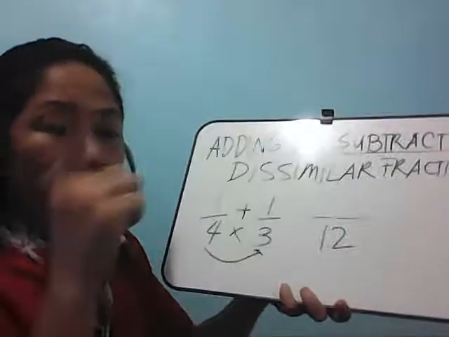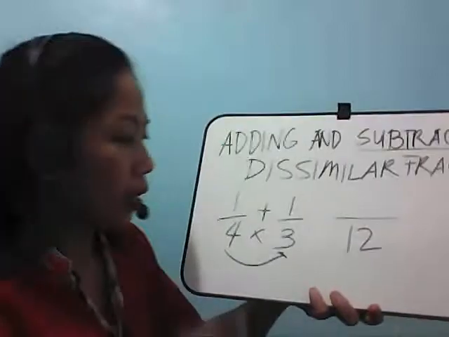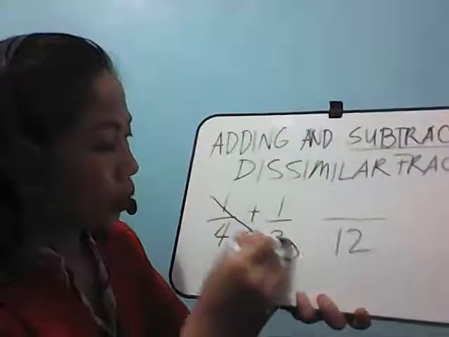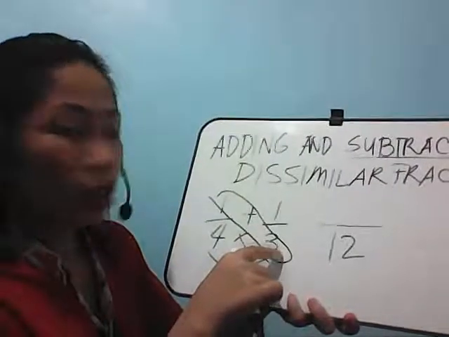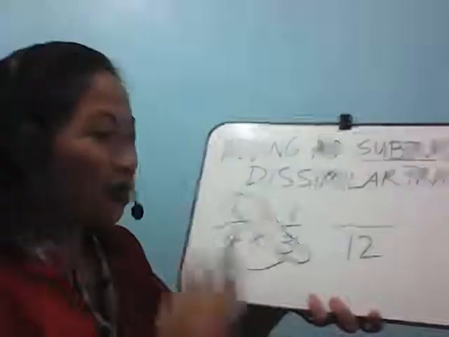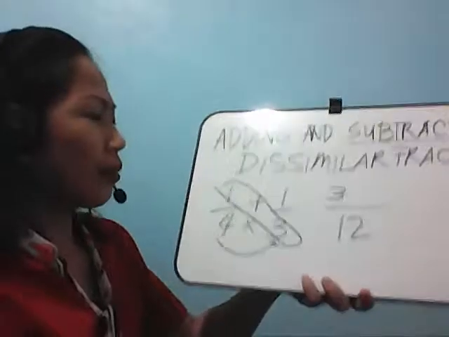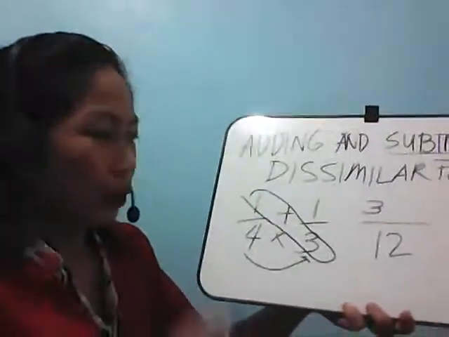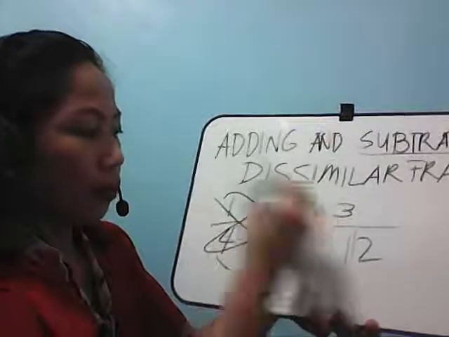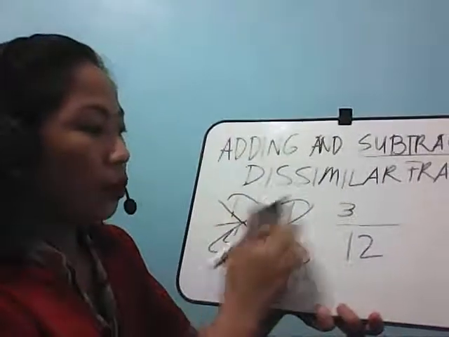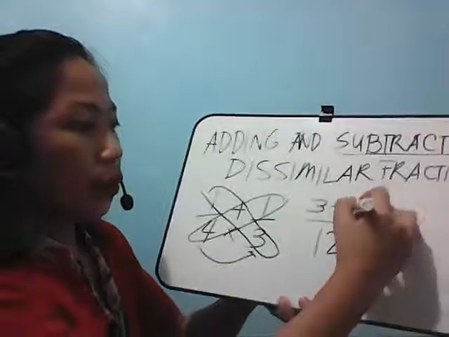Now, the second step is to cross multiply. 1 times 3 is equal to 3. Another, 4 times 1 equals 4.